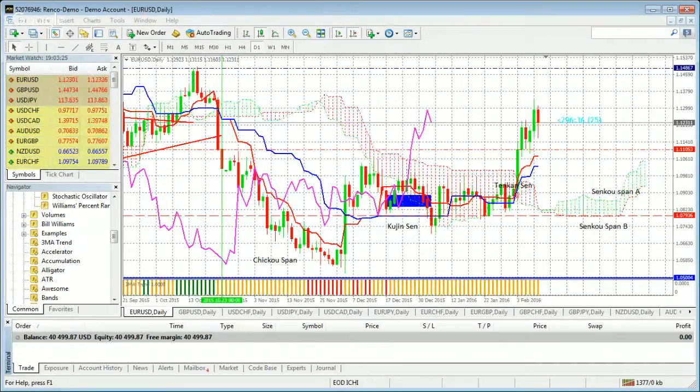So it's almost like a one size fits all type of indicator. There's not a lot of them out there.